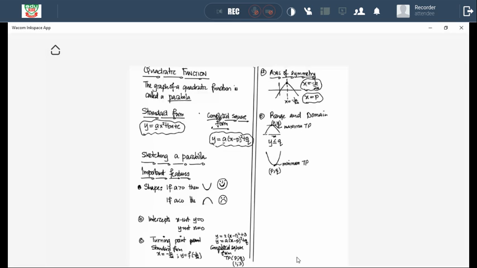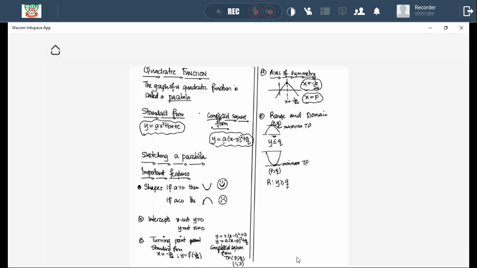So for me to get the range when it's a cup shape like that, you can see that it starts from Q and it ends at positive infinity. So my range is going to be y greater than or equal to Q. That's the range of a parabola.